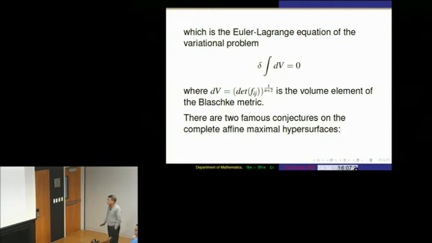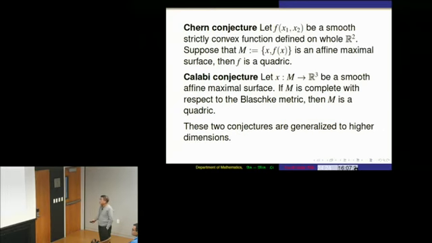There are two famous conjectures on complete affine maximal hypersurfaces. One is called the Chern conjecture. Chern is Professor S.S. Chern, a very famous geometer. Suppose f(x1, x2) is a smooth strictly convex function defined on the whole R^2.